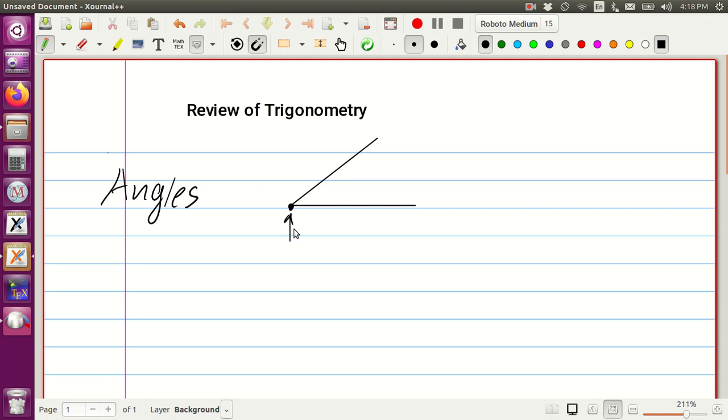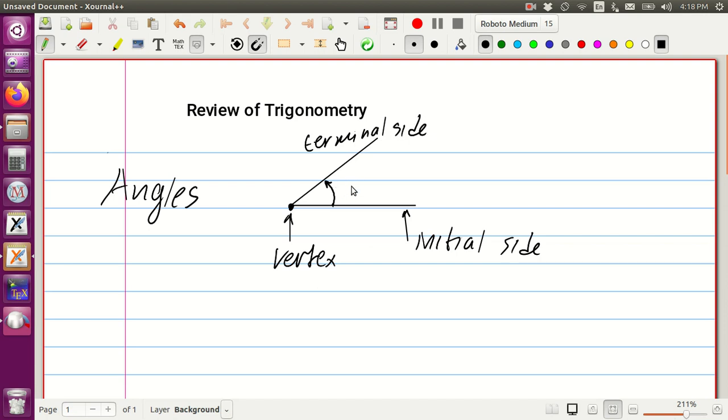This one is usually called the initial side, and you usually take an arrow and show that your angle starts at the initial side and goes to the terminal side. So this side is usually called the terminal side.